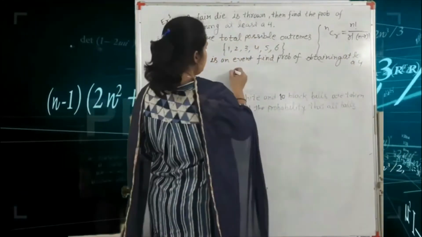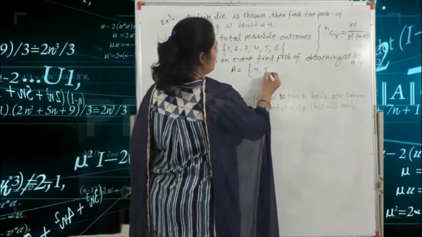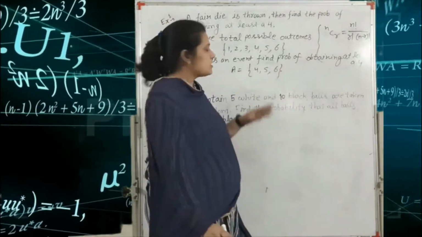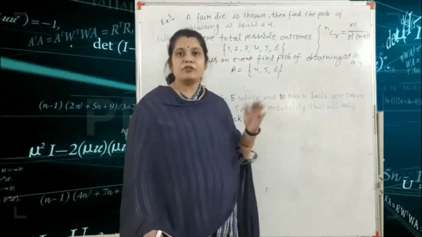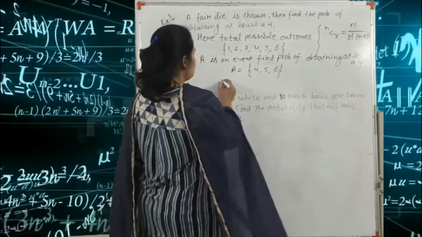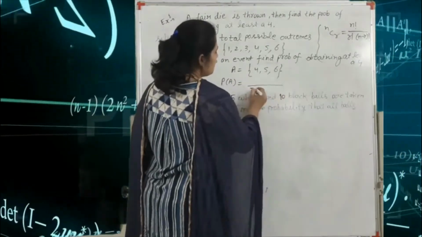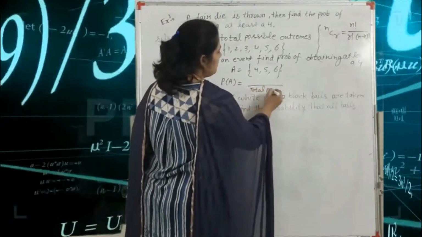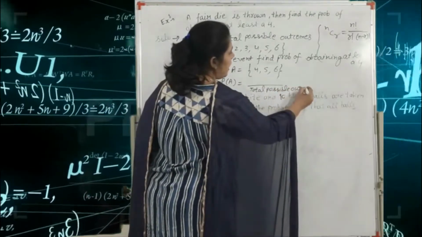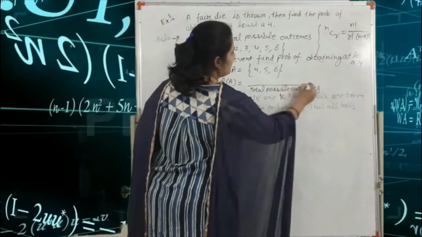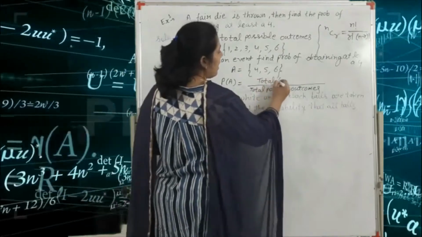That means A is equal to 4, 5 or 6, a total of 3 possibilities. So the probability of A is equal to what? The formula is total possible outcomes in your denominator, and the numerator is the total favorable.